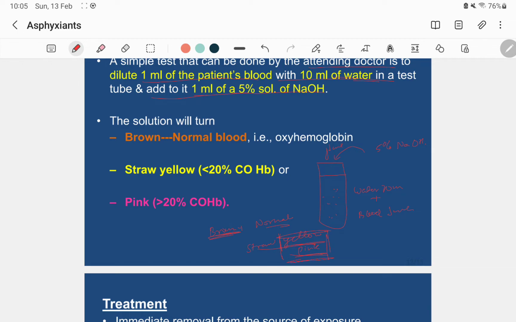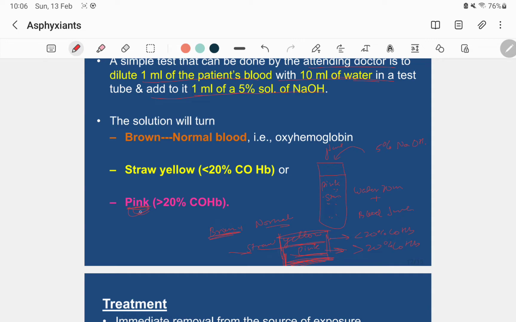If it is straw yellow in color, it is less than 20 percent carboxyhemoglobin. But if it is pink, it is greater than 20 percent carboxyhemoglobin.